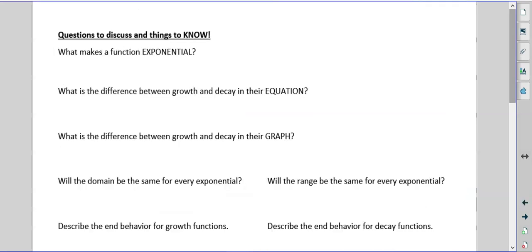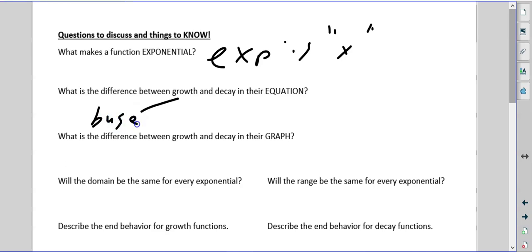Okay, so questions to think about and you need to know. What makes a function exponential? That's when your exponent is x. Okay, what's the difference between growth and decay? Well, growth, the base is greater than 1, and decay, the base is less than 1.